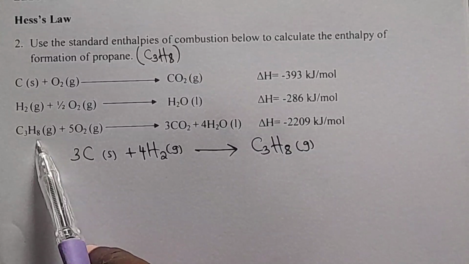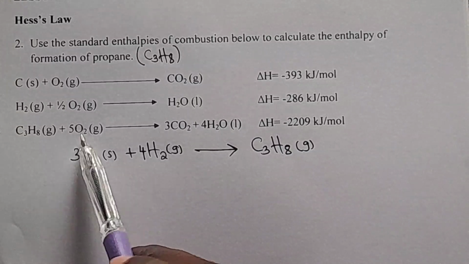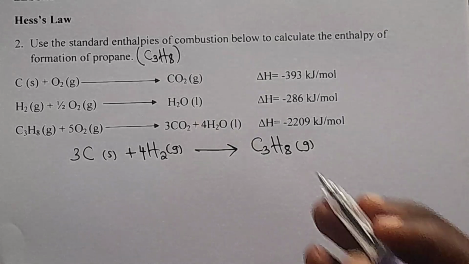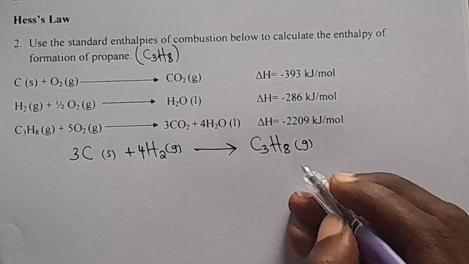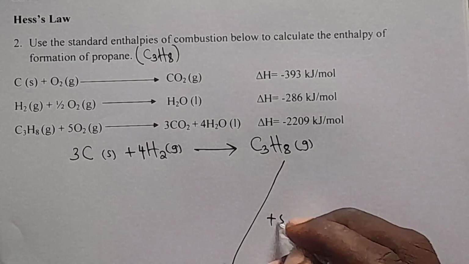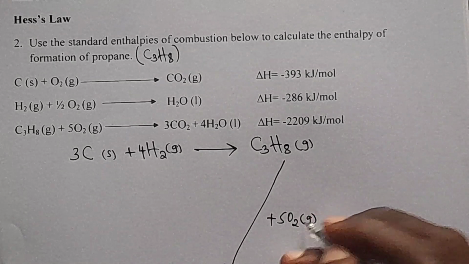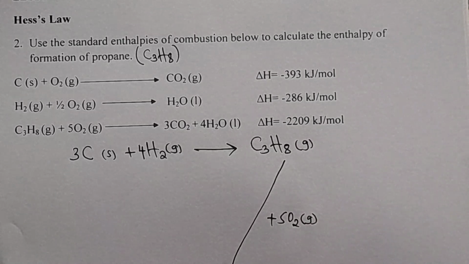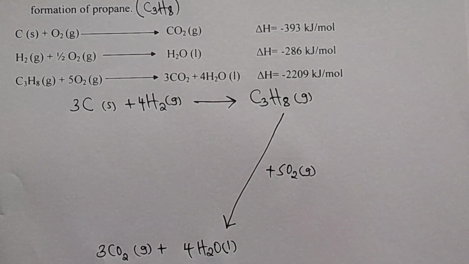We have propane burning in oxygen giving us carbon dioxide and water. That equation is here, propane is here. If we get an arrow, that means we add 5 moles of oxygen gas. We are going to get 3 moles of carbon dioxide as our product, plus 4 moles of water, which is liquid.